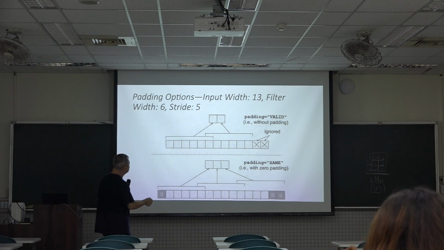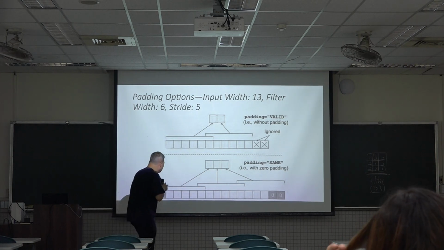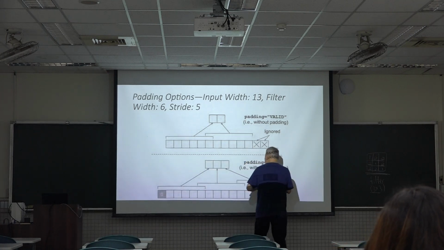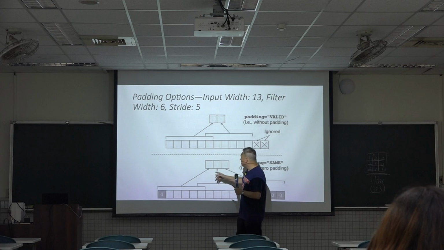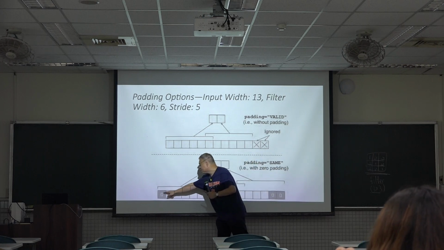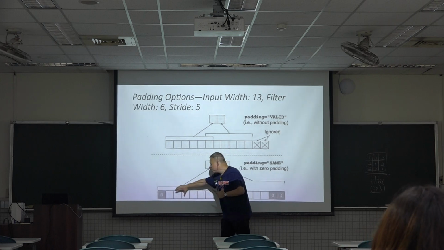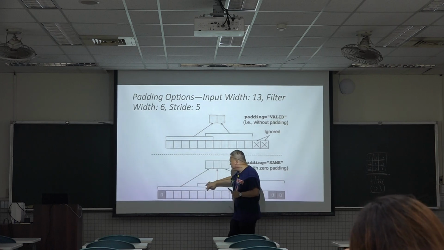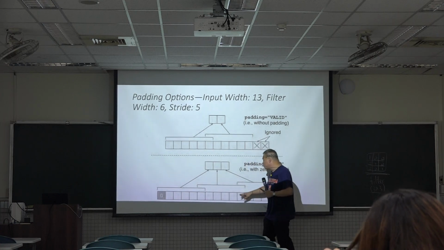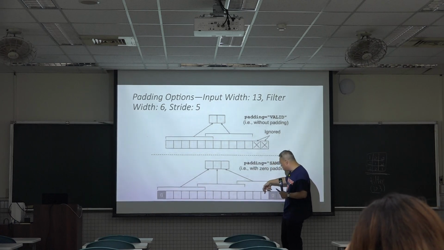So it's something like this. Because the stride is 5, the first window is here. We use this 1, 2, 3, 4, 5, 6, and then move 5 positions to the right. Again, 1, 2, 3, 4, 5, 6, and then again move 5 positions to the right. Starting from here, 1, 2, 3, 4, 5.